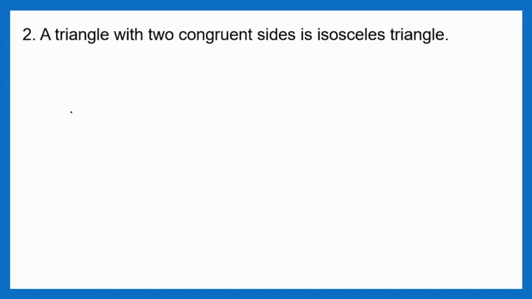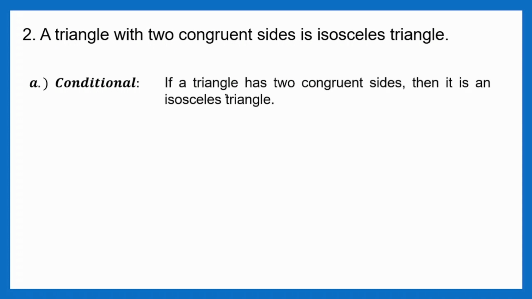So, number 2, again, naka-simple statement pa siya. Let's change that to conditional. So, letter A. For conditional, a triangle with two congruent sides is isosceles triangle. So, let's transform this into an if-then statement or conditional statement. Alright. So, if a triangle has two congruent sides, ito na yung descriptor natin, yung triangle.